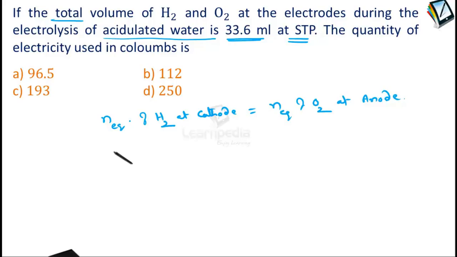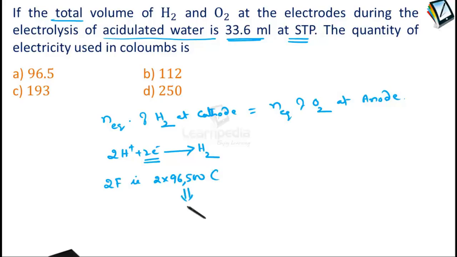But we know for the hydrogen to be liberated at the cathode, 2H+ + 2e- giving H2. That means every 2 electrons when gained by 2H+ ions, one molecule of hydrogen is liberated. In other words, 2 electrons, if you take it as 2 Faradays, that is 2 × 96,500 coulombs of electricity, will liberate 1 mole of hydrogen at STP.